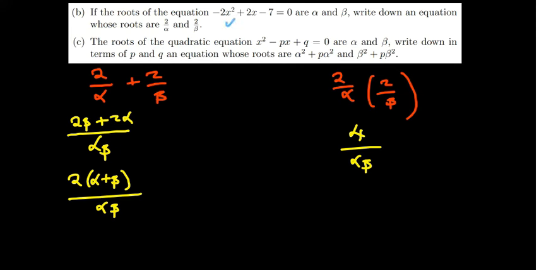So alpha plus beta, I said it's negative b over a. Our b there is 2, so we'll say negative 2. Our a is negative 2 as well, so you get a 1. And then for alpha multiplied by beta, I said it was c over a, so our c is negative 7, our a is negative 2, so you get 7 over 2.